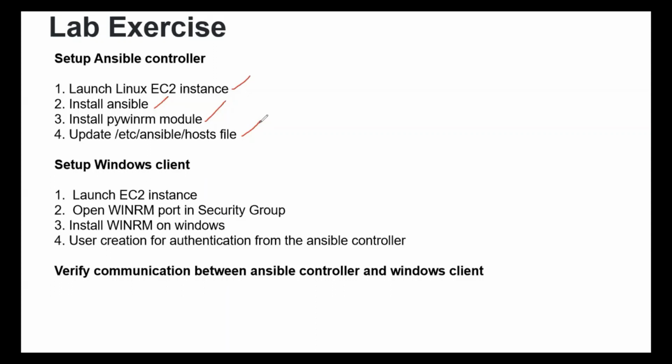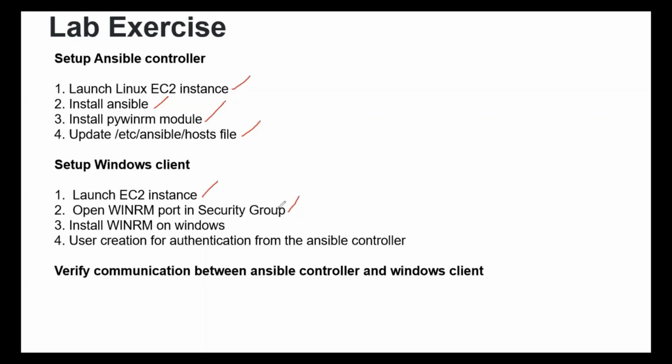Now on the Windows client, first I will be launching an EC2 instance with the Windows AMI. Then I will be opening the WinRM port in the security group. So in order to have the controller communicate with the Windows client, we have to open the port 5986, which is the port for the Windows Remote Management Protocol, right?